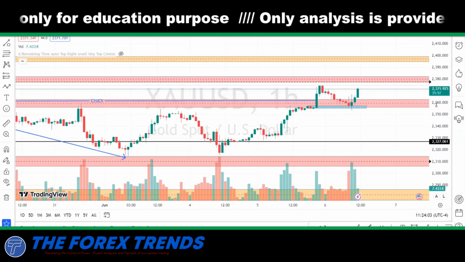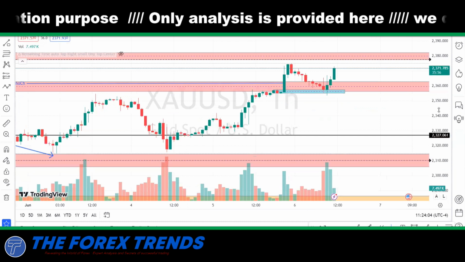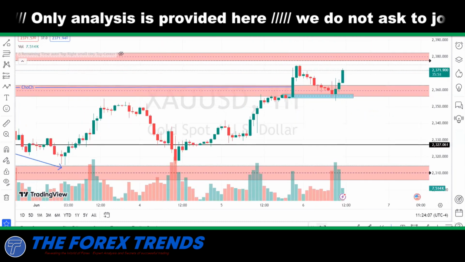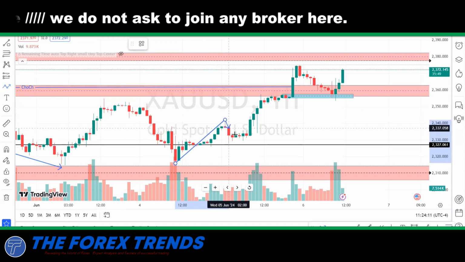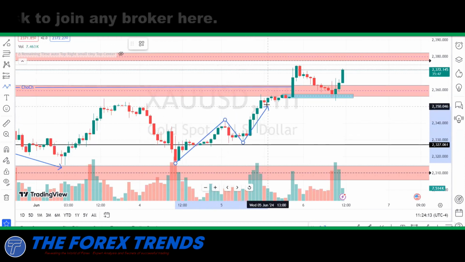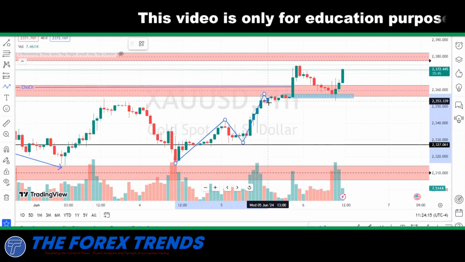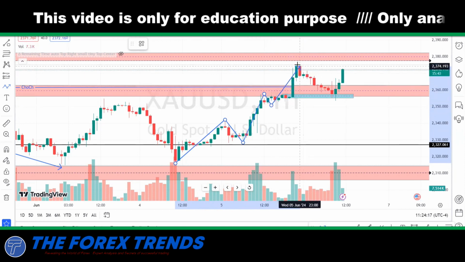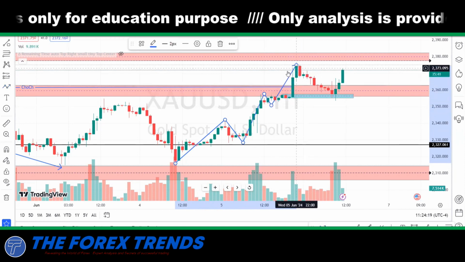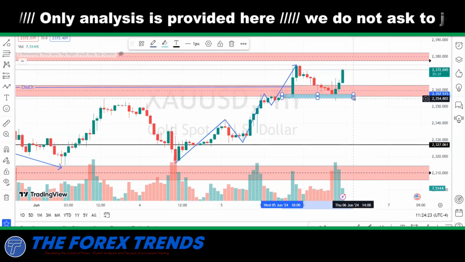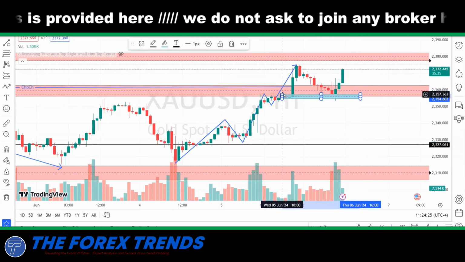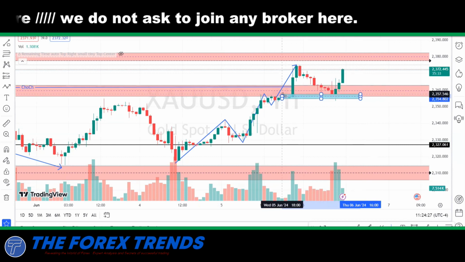If you can see in the 1 hour frame, if I mark the structure again, this is higher high, higher low, higher high, higher low, then high. This is the last high. That means this is a point of trend joining level, that is for a bullish trend.